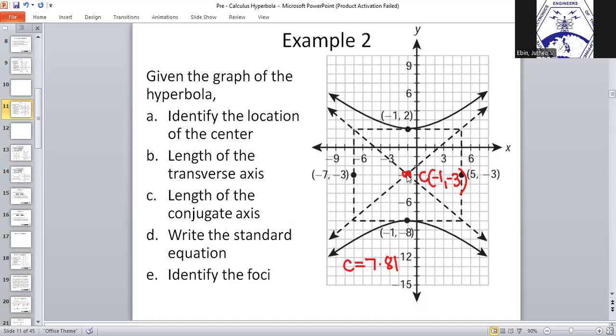So, from the center, bilang tayo ng 7.81. 1, 2, 3, 4, 5, 6, 7.81. So, saan ngayon mapupunta? So, mapupunta siya sa focus 1 is at negative 1, 4.81.